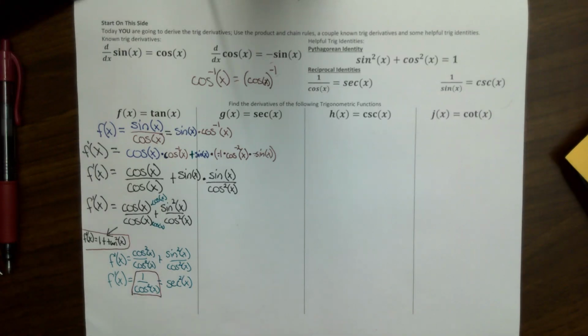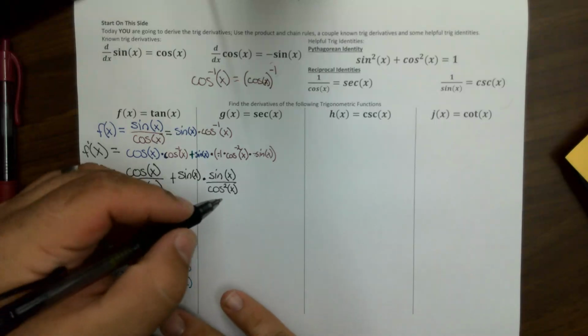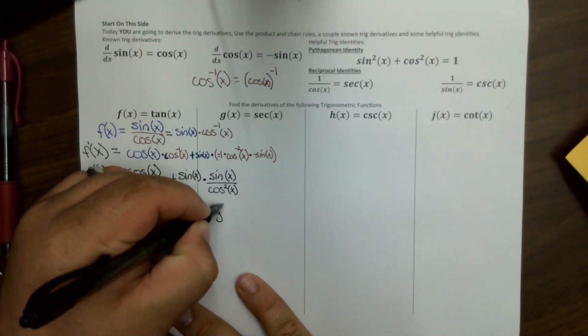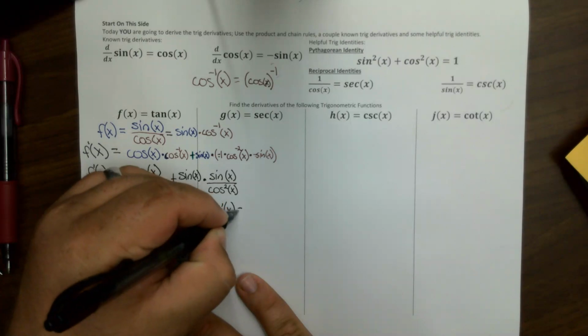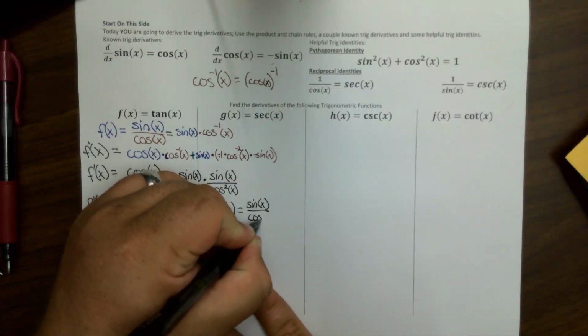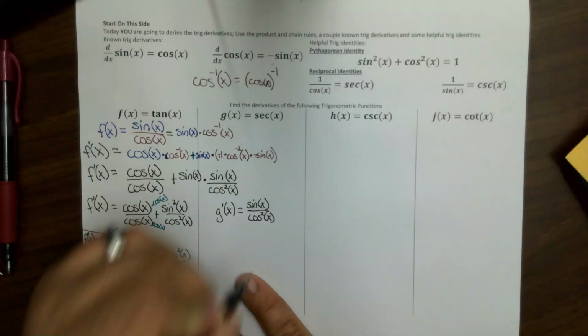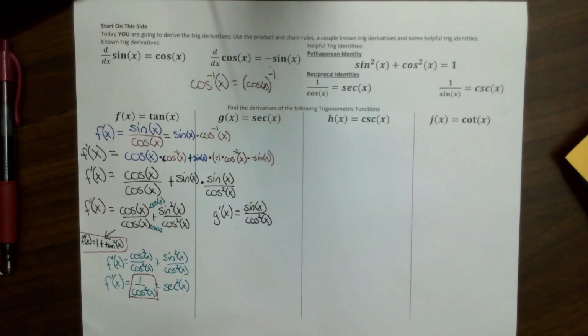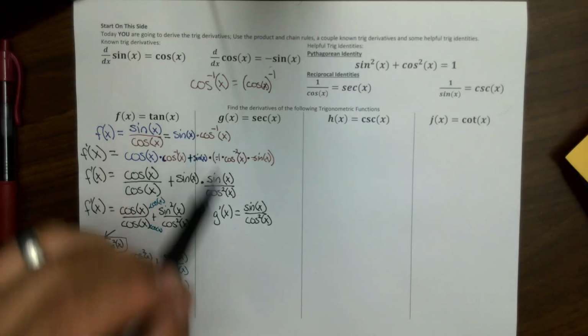All right, I'm going to actually pick up the pen and start writing now. That means that g prime of x is equal to sine of x over cosine squared x. If I went too fast there, just pause the video.